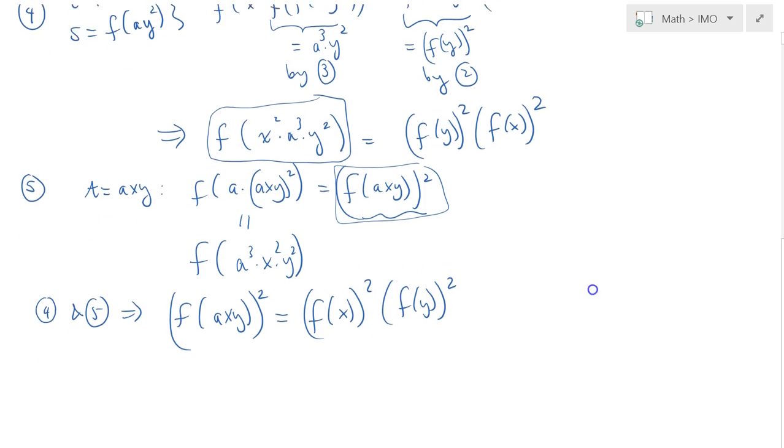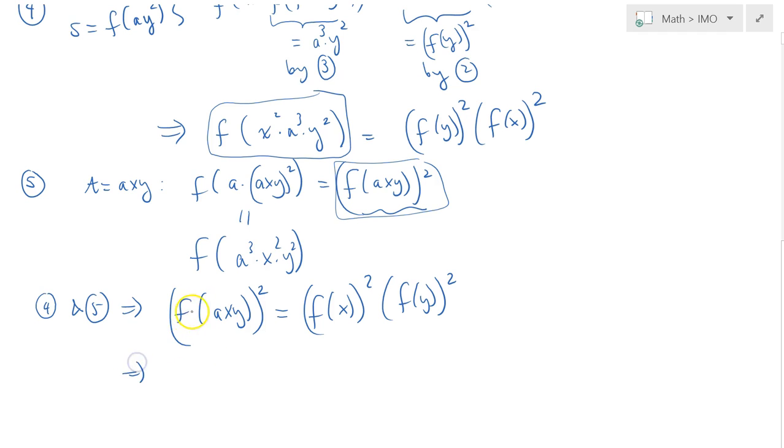We can take the square root of both sides, knowing that the values of f are only positive integers, so that would give us f of a times x times y is equal to f of x times f of y. Recall that a is simply the value f of 1, and this is true for all x, y in the set of positive integers.